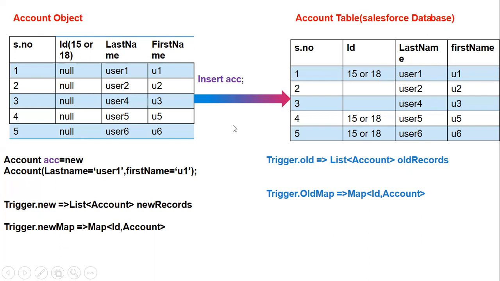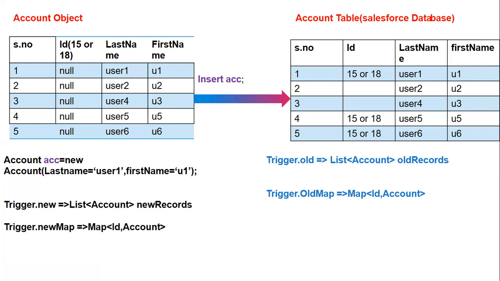So when I insert this account with the data last name user one and first name u1, when I use the statement insert ACC with the reference variable ACC, this statement simply inserts the data into the Salesforce database by creating the 18 or 15 digit Salesforce ID.